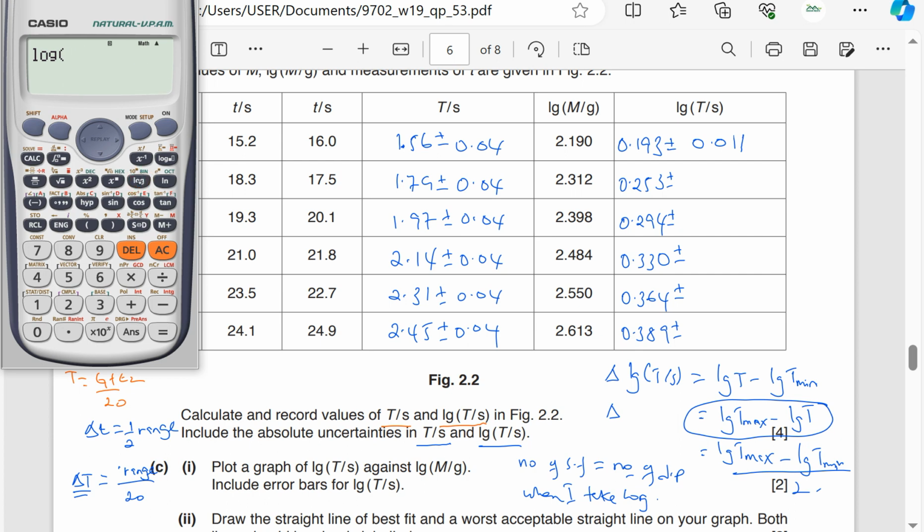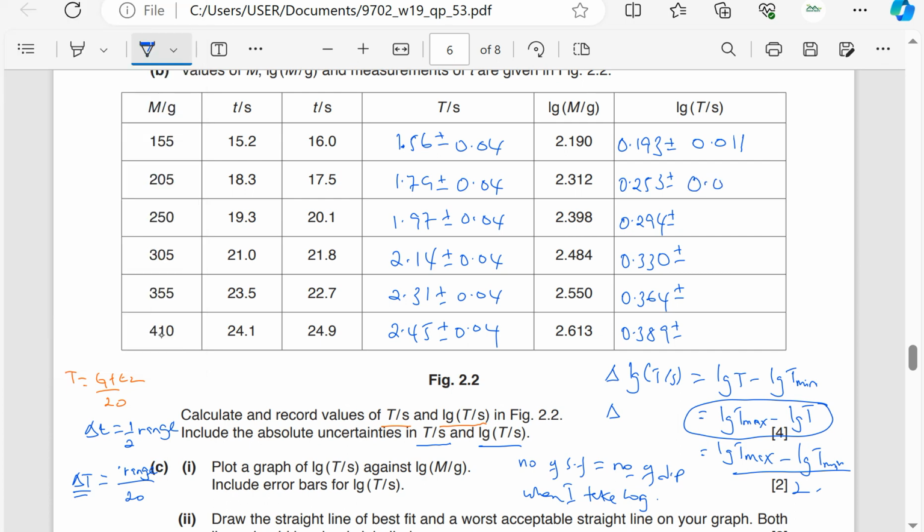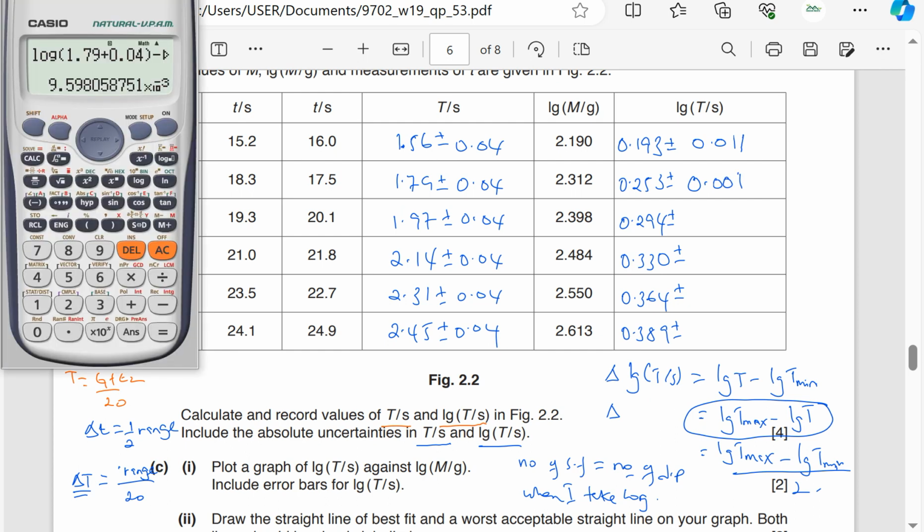Then I'll have log of 1.79 plus 0.04, that is the maximum, minus log of 1.79 alone, which is, let me see, 1, 2, 3.